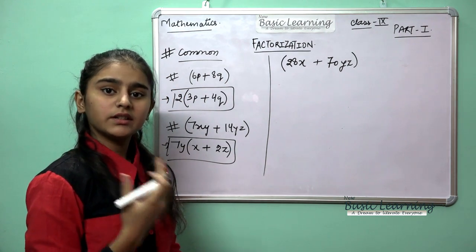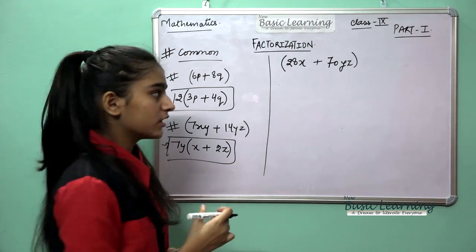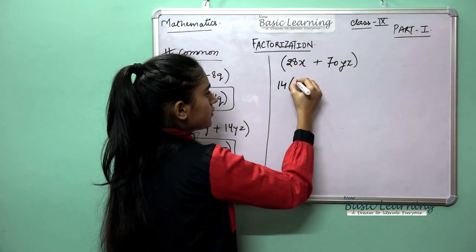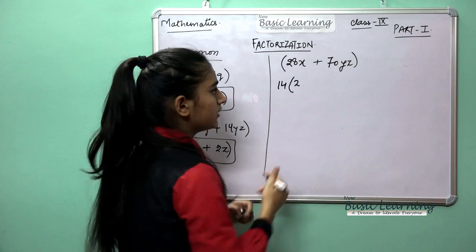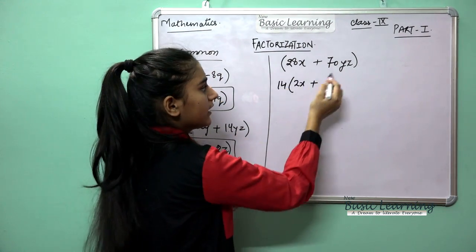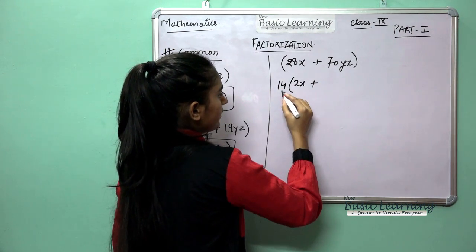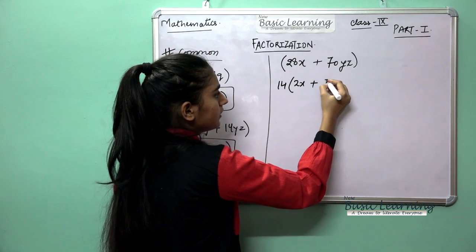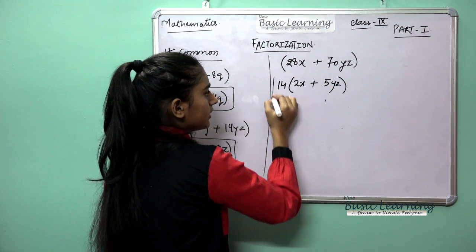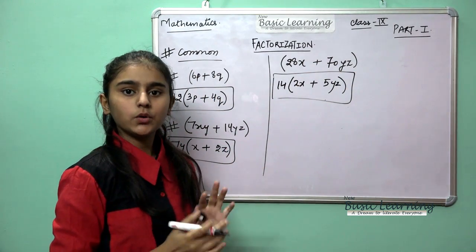Which will be taken out? The largest is always taken out as the common, so here we take out 14. 14 twos are 28, x as such. I have not taken out a letter because there is no common letter in both. 14 fives are 70, y as such, z as such. This is the answer. I hope you can do the common part easily.